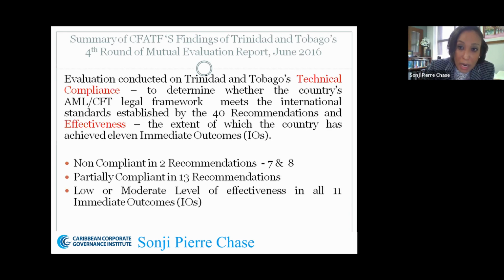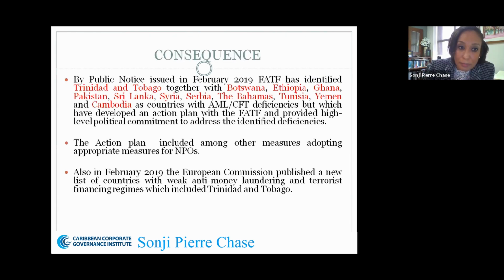We were found to be partially compliant in 13 recommendations, in the sense that legislation was passed for them, but no administrative framework was set up to ensure their adequate implementation. And then we were found to have a low or moderate level of effectiveness in our immediate outcomes, which means that from the state side, we were very low or moderately enforcing the implementation of these recommendations.